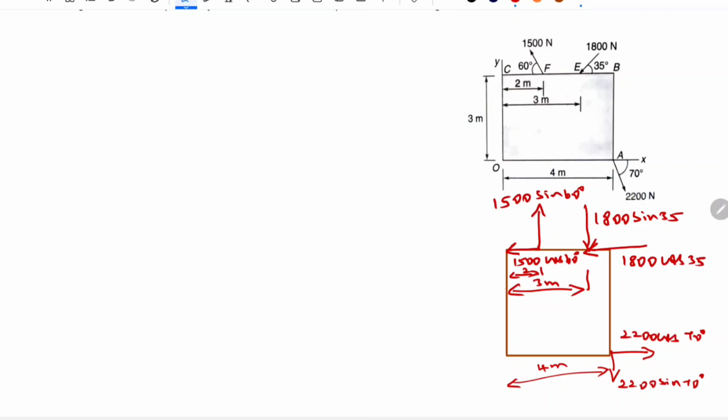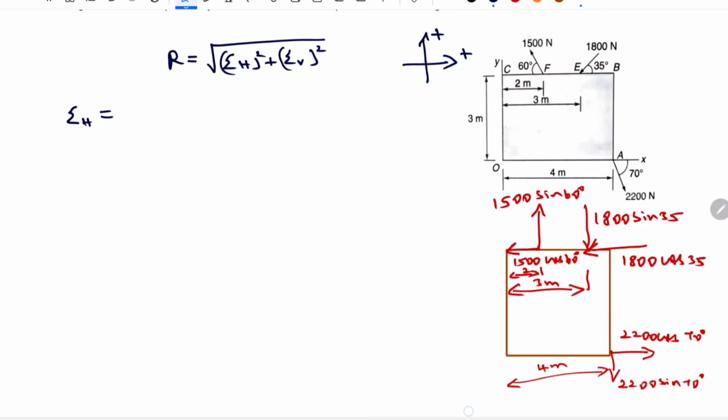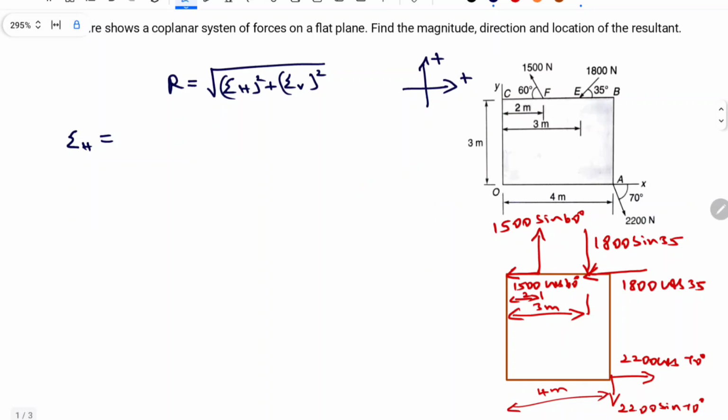First, let us find the magnitude of the resultant. We know that the magnitude of the resultant R is equal to root of summation of H square plus summation of V square. First, let us find sigma H. Remember that positive is to the right side and upward. Starting from the 1500, the 1500 cos 60 is acting to the left side, so it is considered negative: minus 1500 cos 60.